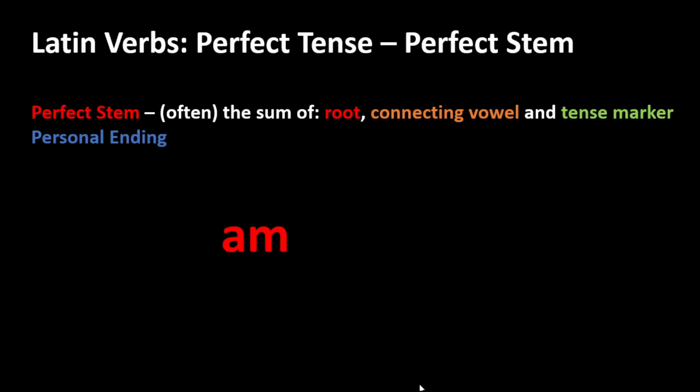There is the root, which never changes, not in this particular class of verbs at any rate. Here is the connecting vowel, and if you have watched the other videos in this course, you will know what this is. Here is the tense marker, the element in the verb amavistis which tells you very clearly that this is a perfect tense.